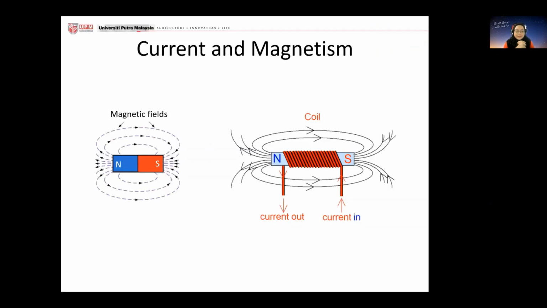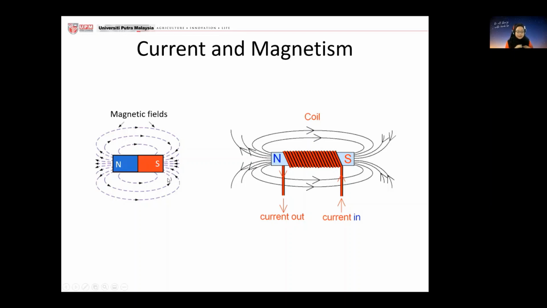Before we really look at how electricity is generated, we have to understand a little bit about current and magnetism. If you have a normal magnet, you have something like this. It has its own poles, north and south pole.